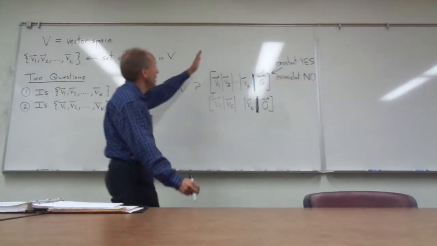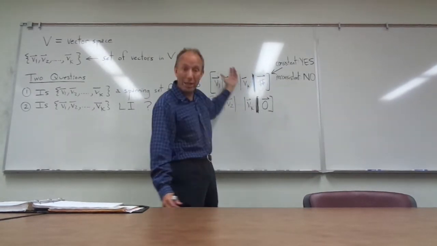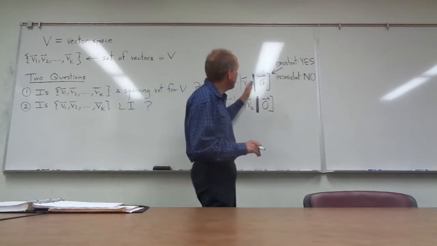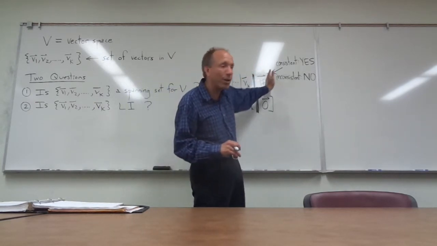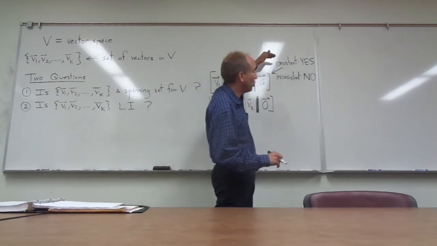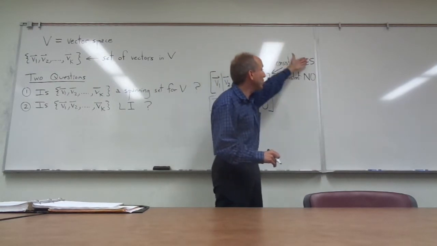Take your vectors, lay them into the columns of this matrix, row reduce the matrix, and look at your pivots. As long as your pivots do not go into that far right column, that's a good thing. It means your system is consistent, and the answer is yes.